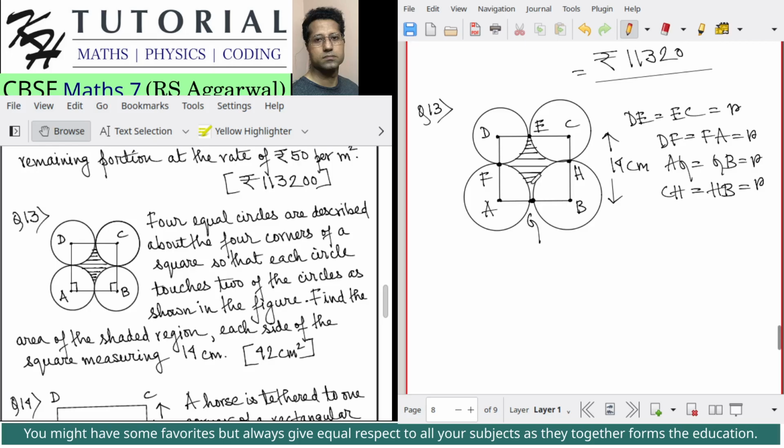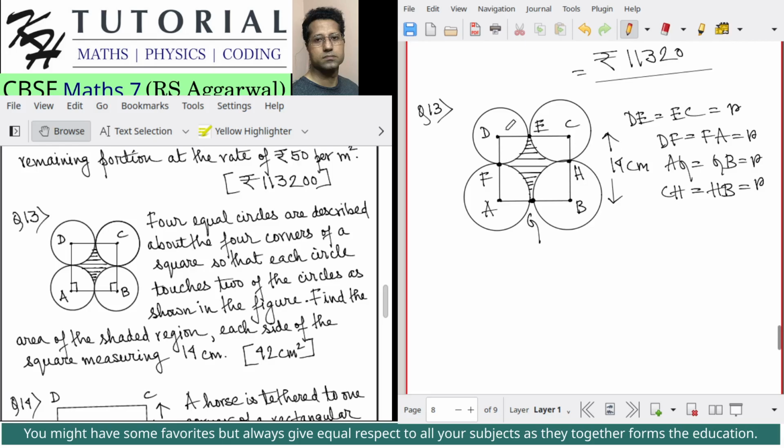What is this shaded region? We can find this shaded region if we subtract. Now let's see what this shaded region is. This is nothing but the entire square minus, at the 4 corners, the sectors of the circles. We are having 4 sectors of the circles at the 4 corners.